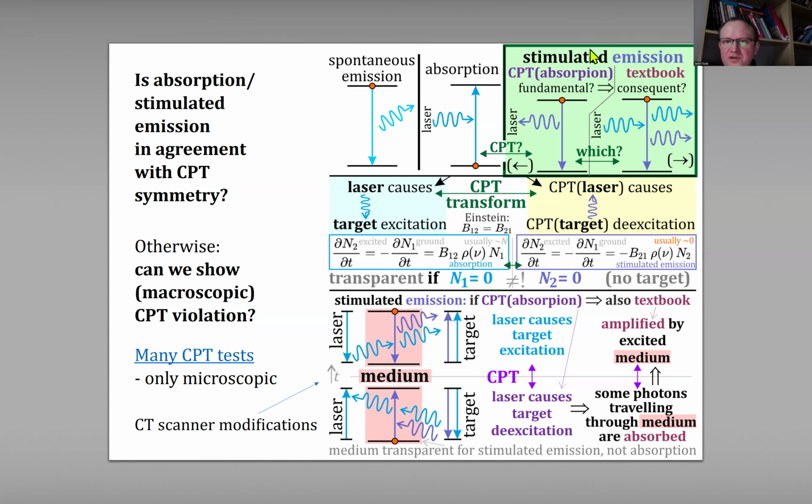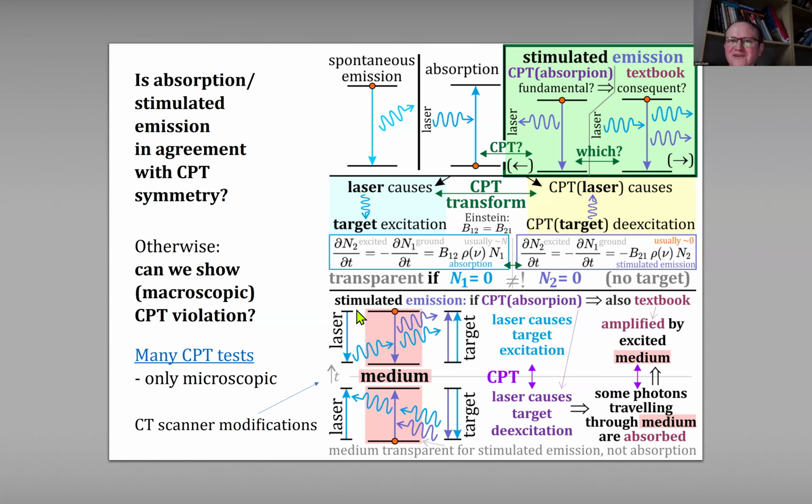If this is true, then indeed this deexcitation pulls a photon, but it cannot pull from here, because the ground state is kind of transparent for this pulling of photons. So it pulls photons from here. This laser pulls photons from here, but some of these pulled photons are absorbed by the medium. And CPT symmetry of this view indeed gives this textbook view.